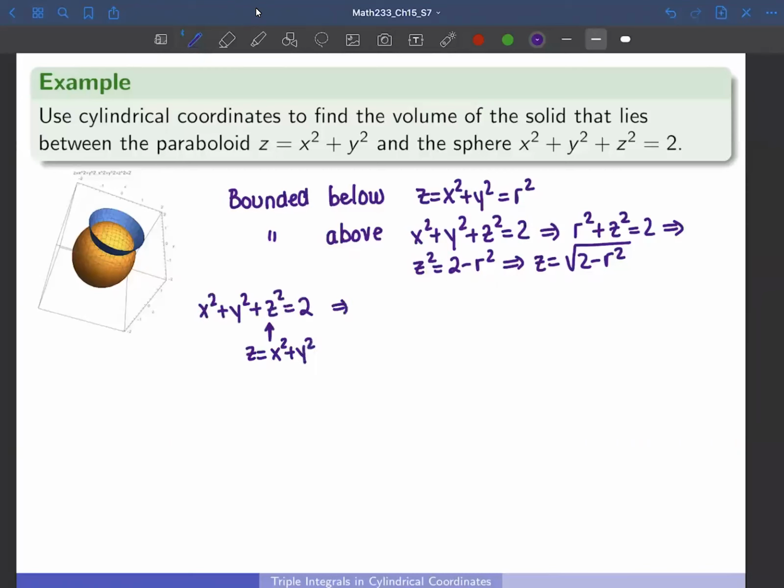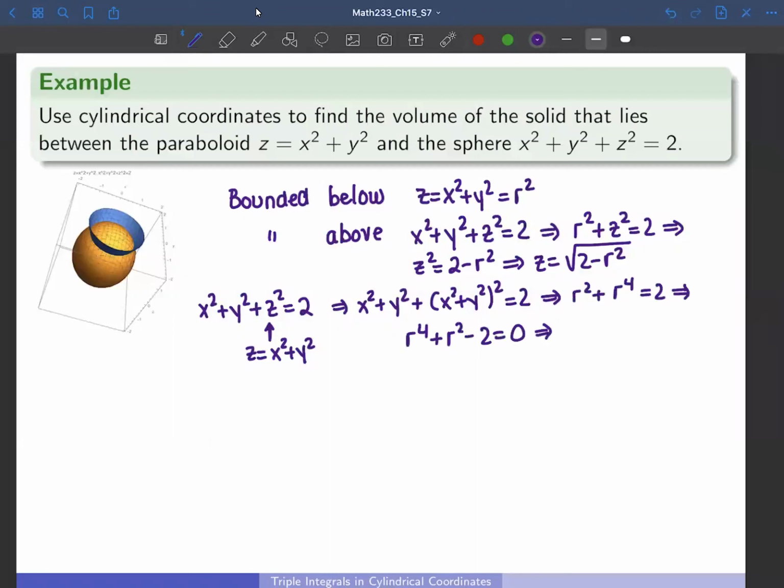So that gives us x squared plus y squared plus (x squared plus y squared) squared is equal to 2. And again, since x squared plus y squared is equal to r squared, we have r squared plus r to the fourth equals 2. Bringing everything to the left side gives us r to the fourth plus r squared minus 2 equals 0.